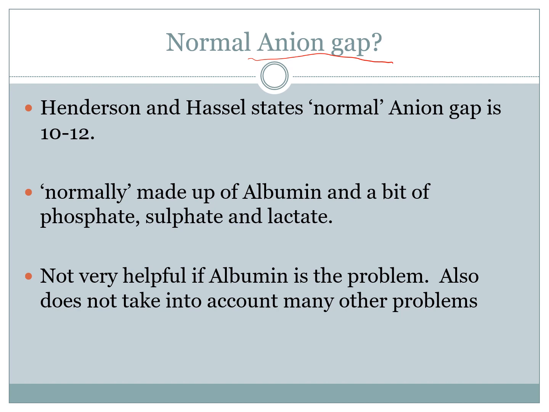Okay, because if we have a normal person like you and I, then if we added up our normal albumin, our normal phosphate, our normal sulfate and lactate, then we will get an anion gap of 10 to 12. That's what it will be made up of.